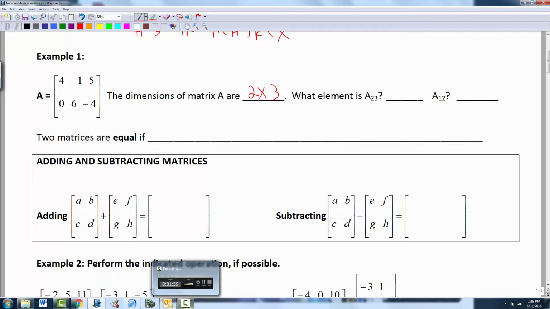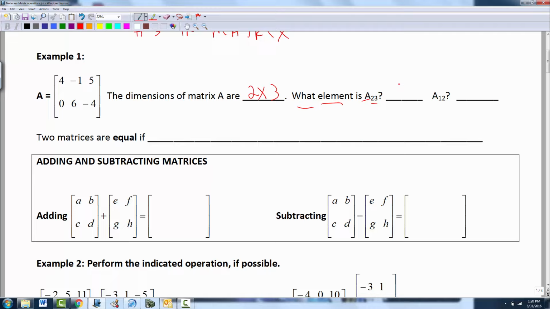Then just to move on, what element, that means what specific number in A is in this position? What's the 2 represent? The row. What's the 3 represent? The column. So who's in row 2, column 3? What number?